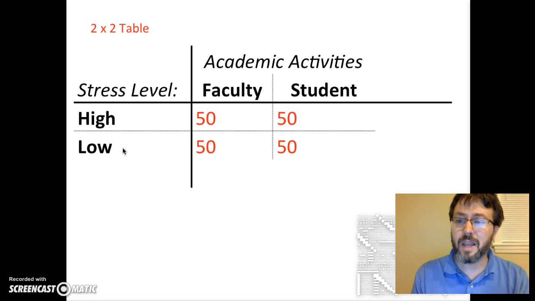So those red numbers are the basis of the 2x2 table. You can see for the stress level high, that category, we have 2 results for faculty and students, and the same for low. We have a result for faculty and for students. So that is 2 categories across the top and 2 categories across the side.